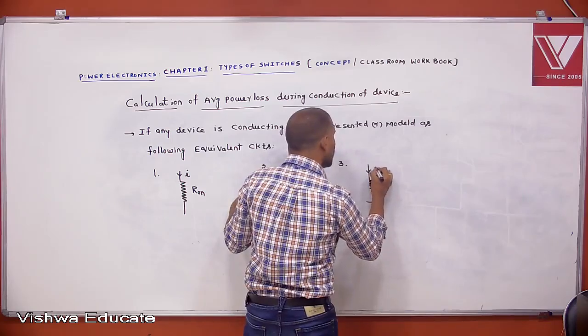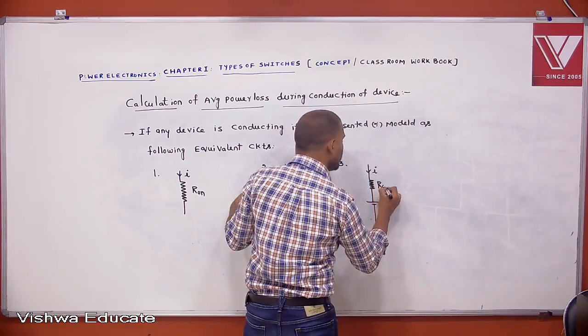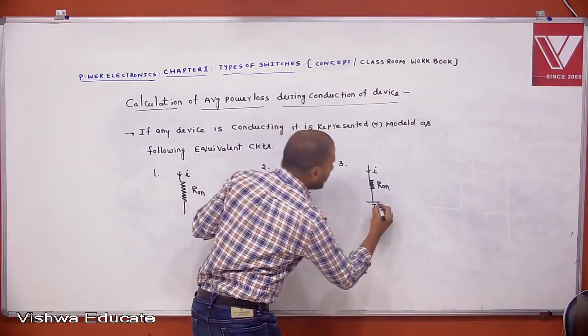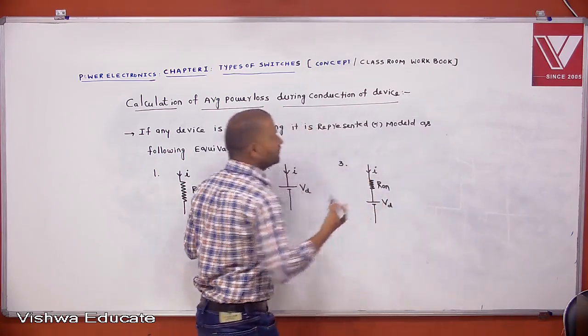This is I, this is on-state resistance R on, voltage drop is VD.